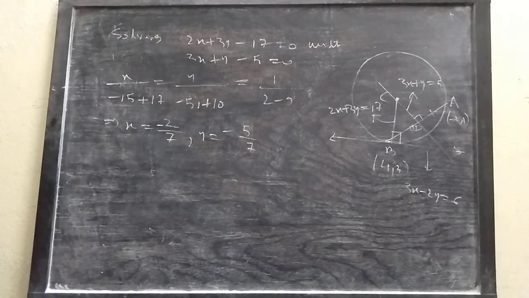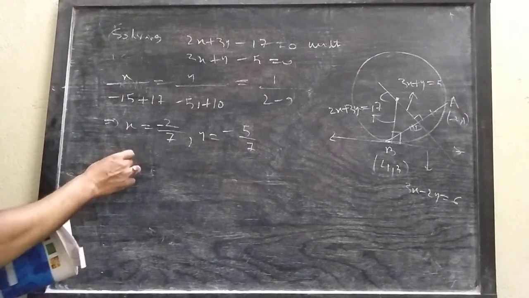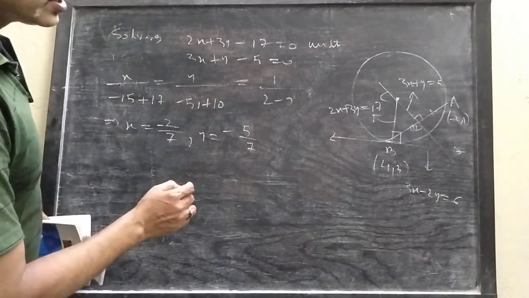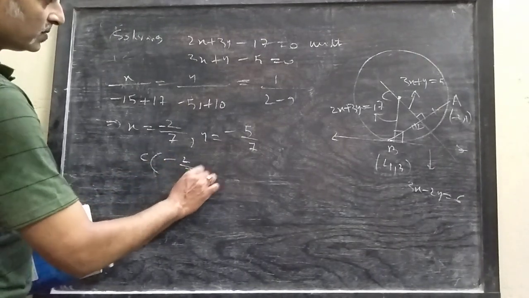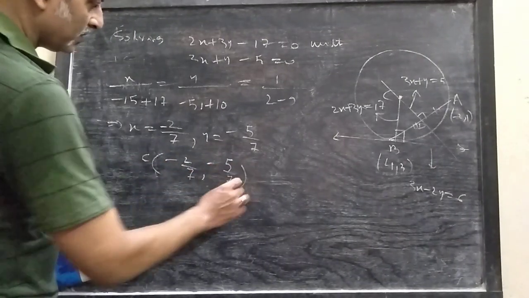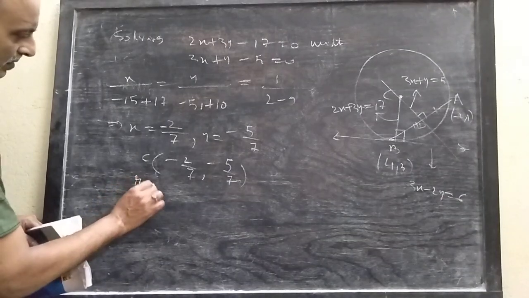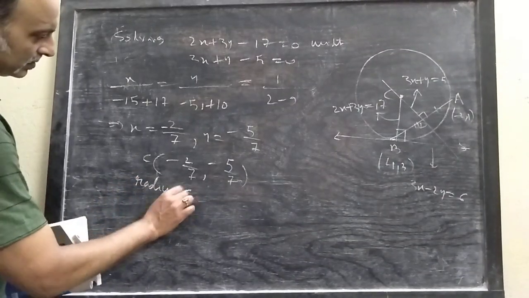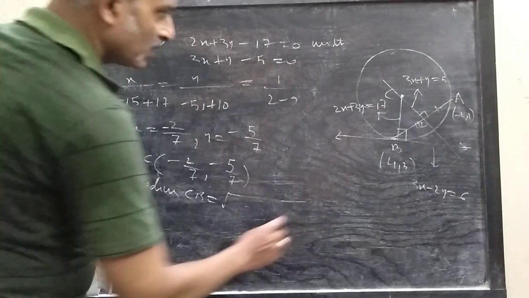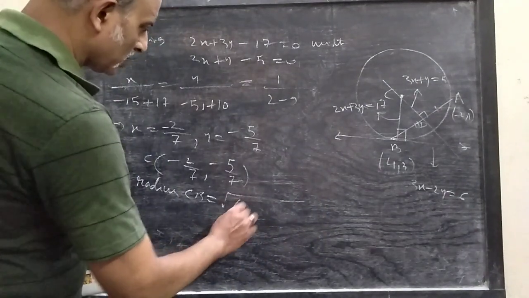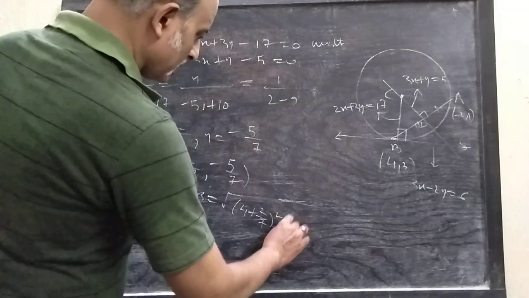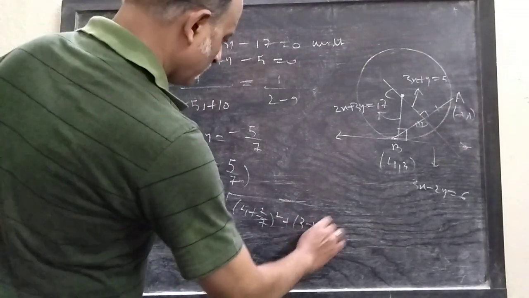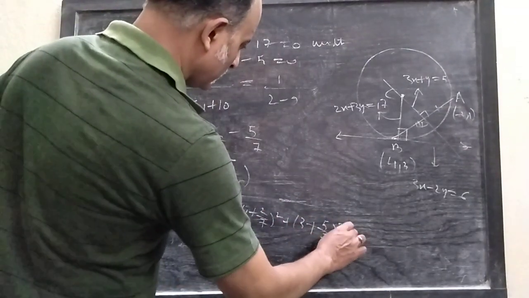Next, you have to find the length of the radius, that is CB. The coordinates of center C are (minus 2/7, minus 5/7). Now radius CB will be the square root of (4 plus 2/7) whole square plus (3 plus 5/7) whole square units.